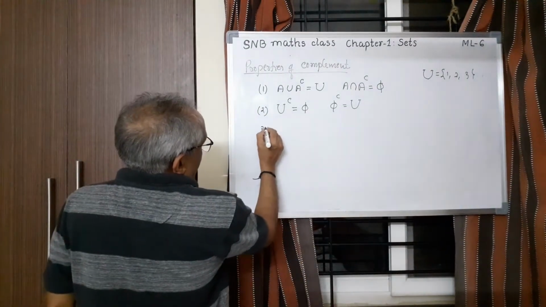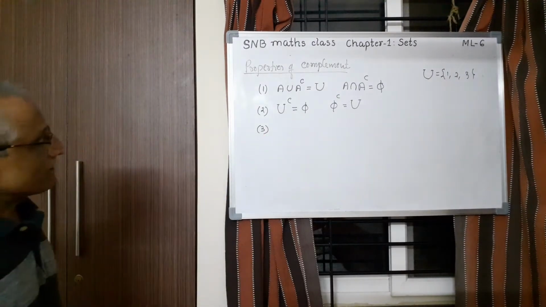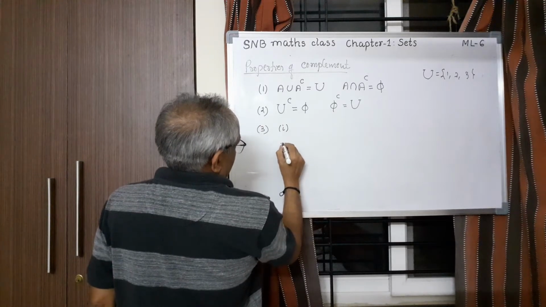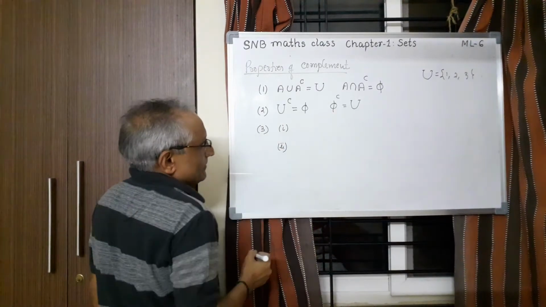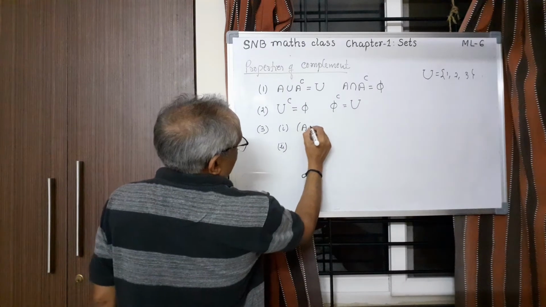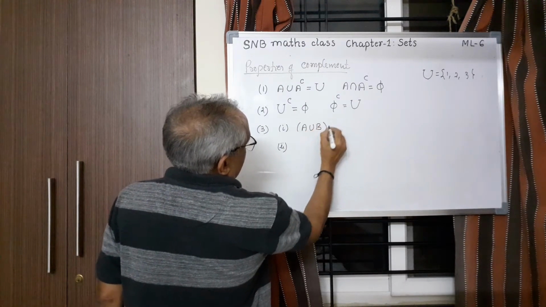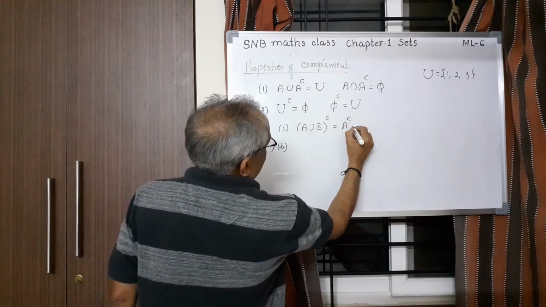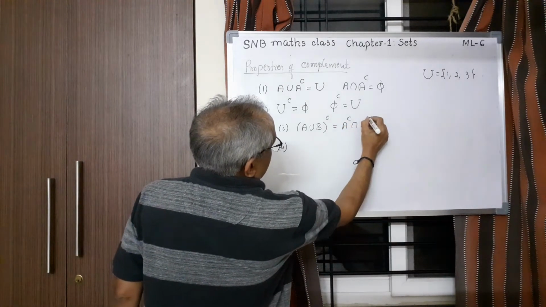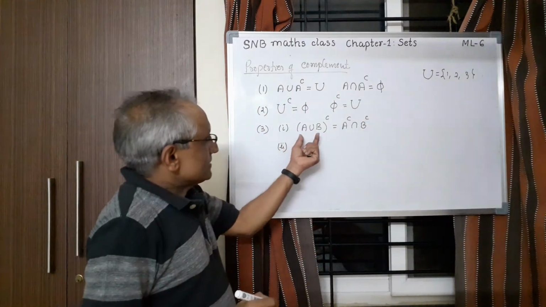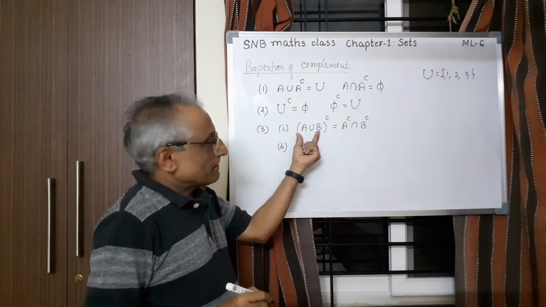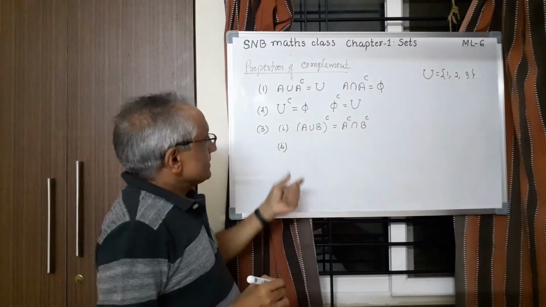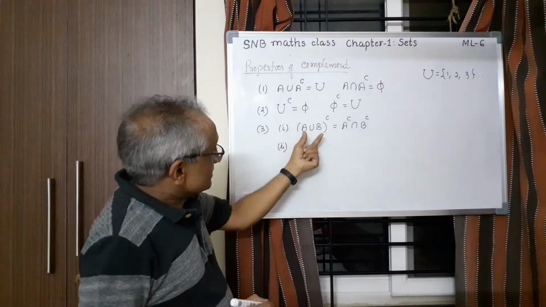Then the third one, there are actually two properties. They are called by a name, I will tell you later. (A union B) complement will be equal to A complement intersection B complement. That is, first take the union of two sets. Of course, A and B should be subsets of the given universal set. Then take the complement of that after taking the union.